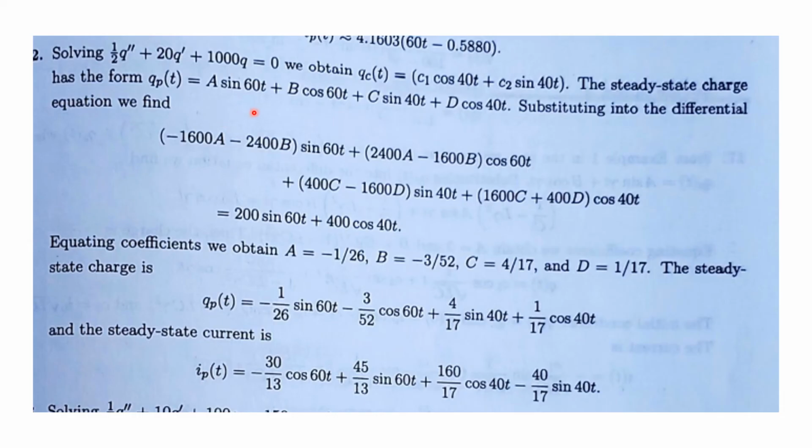This is what you would set up for the second order differential equation. This would be your complementary solution, and notice that you do have the C1s and so on.